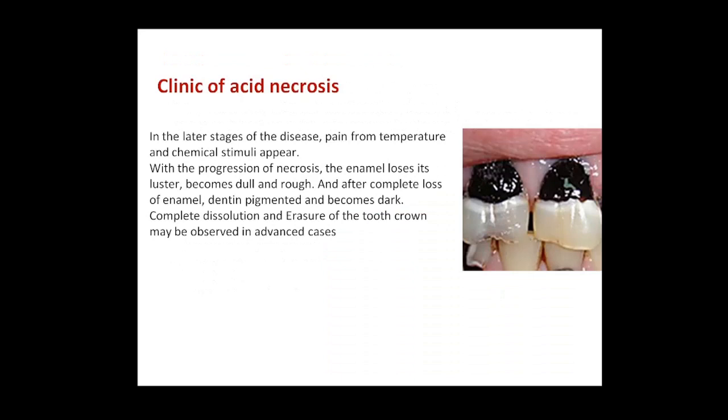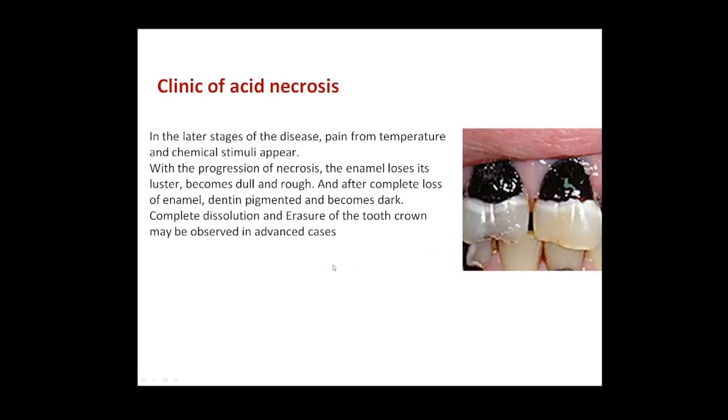Clinical manifestation of acid necrosis. In the later stages of this disease, pain from temperature and chemical stimuli appears. The initial stages are the same as endogenous necrosis, and later stages are characterized by pain.